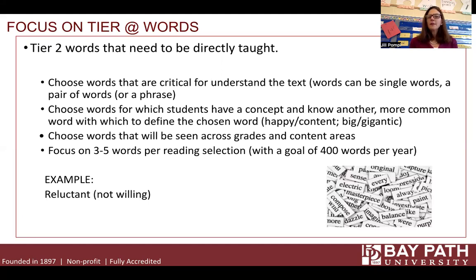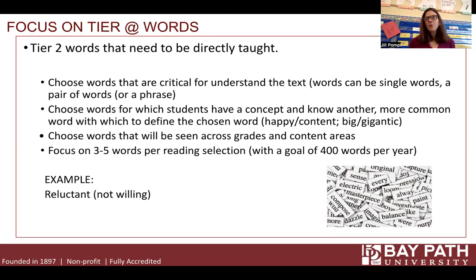A great example of a tier 2 word is the word reluctant. That is a word that's a little bit more mature, but I have an easier concept that I can attach it to. I can help my students know that if you are reluctant to do something, you are not willing. And I know that's a good tier 2 word because I might use that word in social studies if I'm talking about George Washington being reluctant to send his troops into battle.